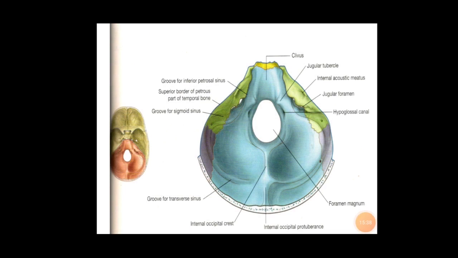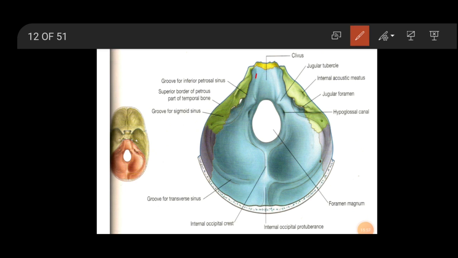So coming to the posterior cranial fossa. This posterior cranial fossa is very large compared to the other two fossae, and it's deep too. The anterior wall of the posterior cranial fossa is formed by the clivus, which is a sloping surface.